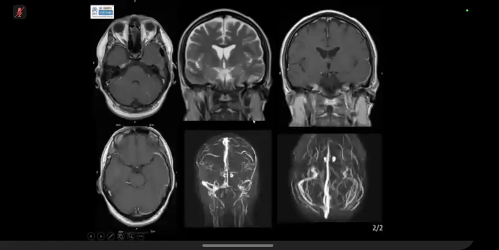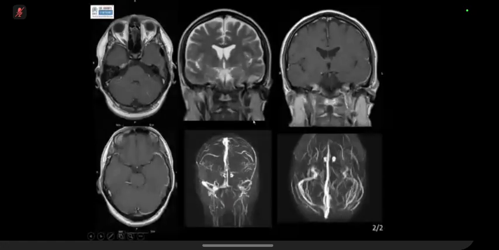So looking at the MR images, especially the T1 post-contrast image, there is enhancement of, I believe, the meninges around the left temporal lobe, and there appears to be a filling defect on the MRA images, filling defects of the transverse sinus.